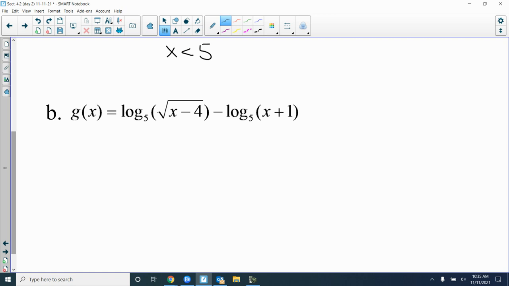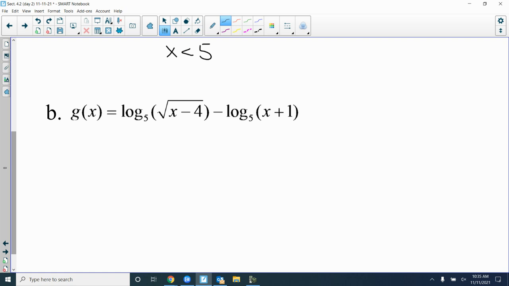All right, copy this down, and I want you to just think about it first before we start. Copy it down, think about what we have to do. You got 2 pieces.